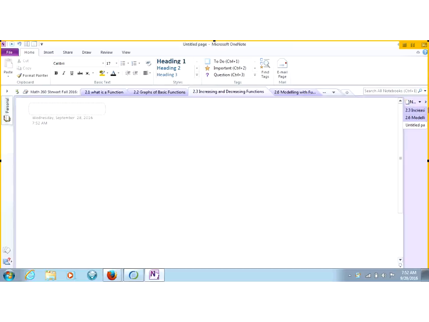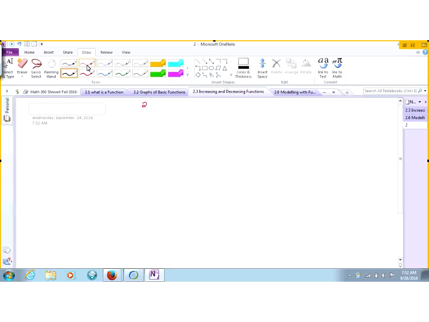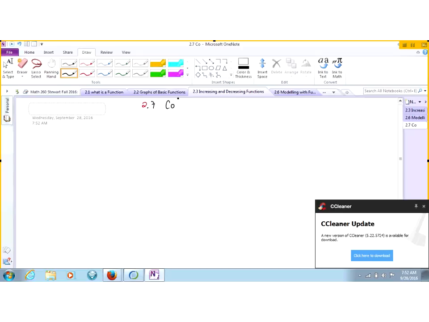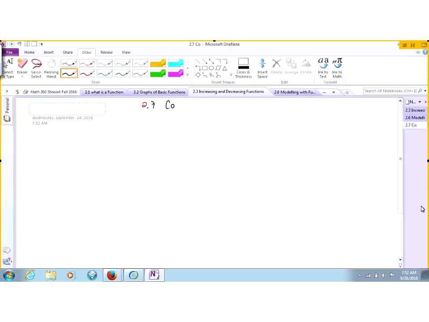Okay, so 2.7 is combining functions. Alright.